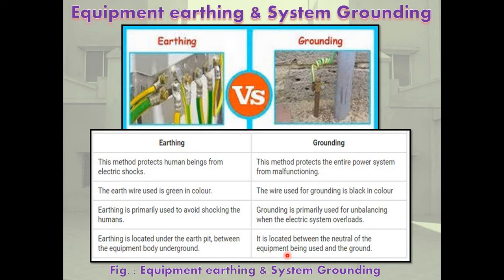Next point is, what is neutral earthing and what are its advantages? Connecting the neutral point of a three-phase AC system to earth, an earthing electrode or earthing mass, by a low resistance conductor is called neutral earthing system or system neutral earthing.